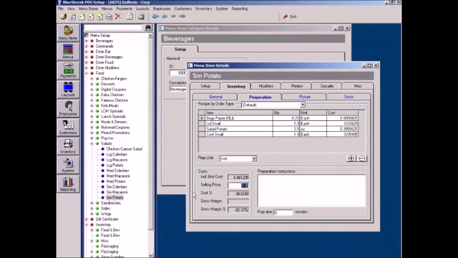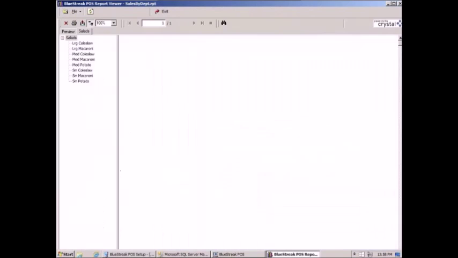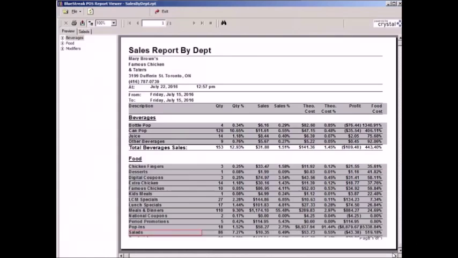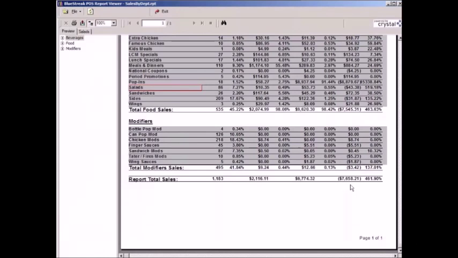And then everything added together will give you a grand total report of your food cost at the bottom. This one's way out of whack for some reason for my pop-ins that day.